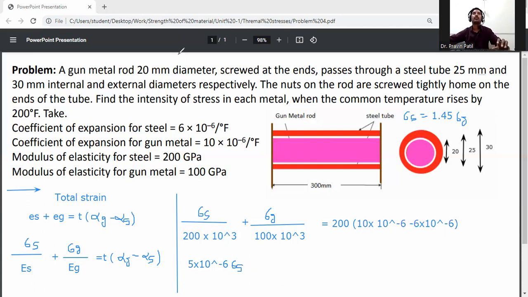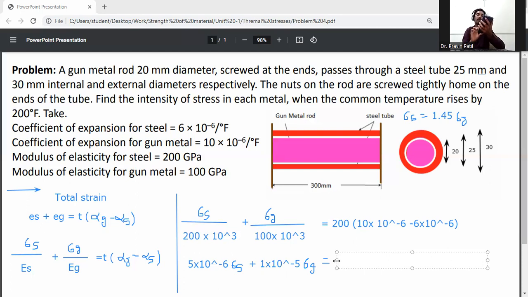Then plus sigma g, it is 1 divided by 100 into 10 raised to the power 3, that will be 1 into 10 raised to the power minus 5 sigma g, is equal to, so this one, 10 minus 6, it will be 4 into 10 raised to the power minus 6 into 200.